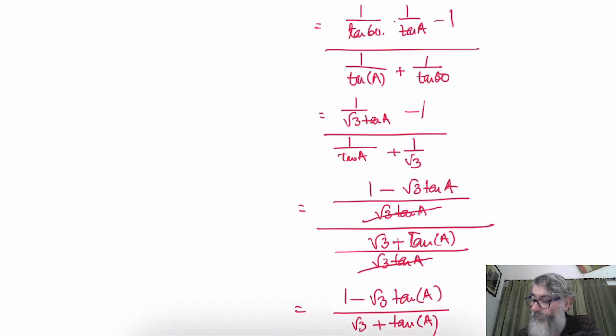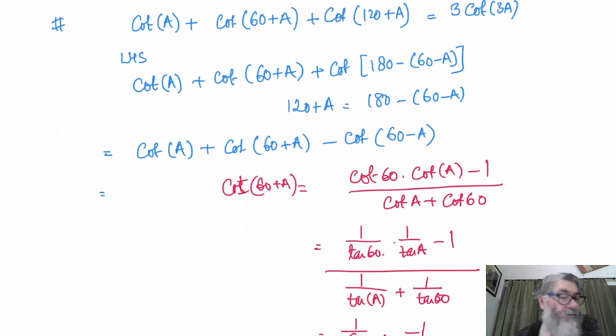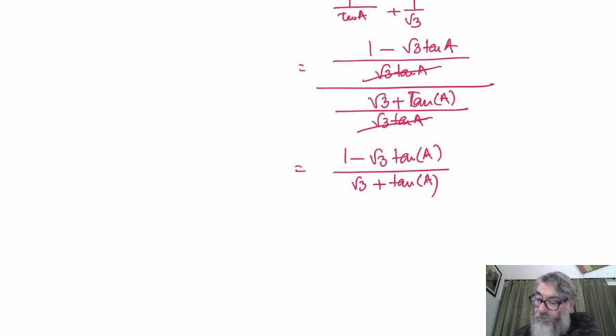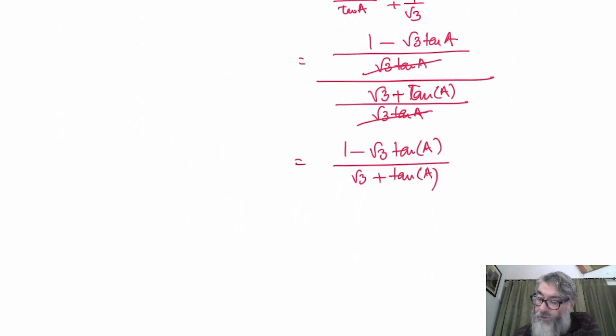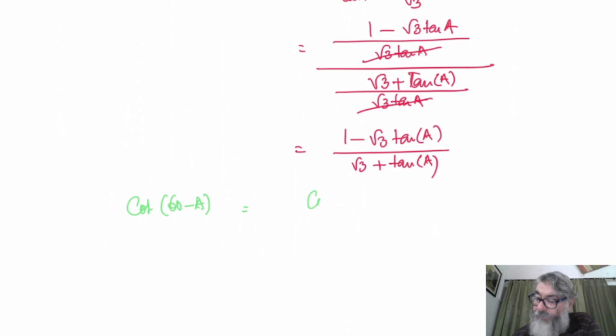Similarly, we will solve the other term, cot (60 minus A). Cot (A minus B) is (cot A cot B plus 1) upon (cot B minus cot A).